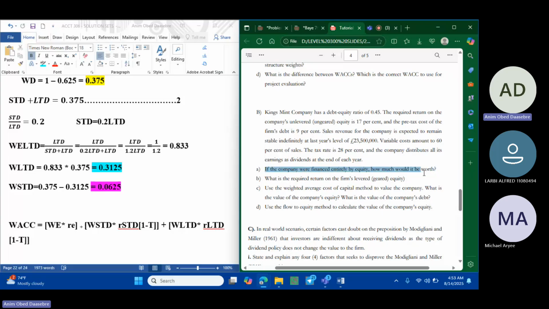So if only equity, we use the sales, then the variable cost.